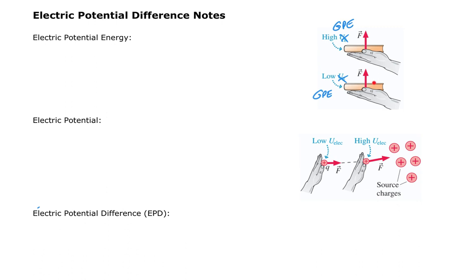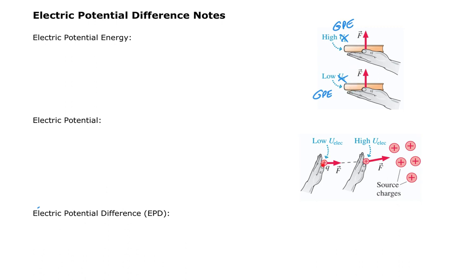Now, this is very similar to the force we're exerting up here, because the test charge does not want to be next to these positive source charges, right? We talked about this in our electrostatics unit. Two positive objects will repel each other. So in order to get this positive test charge very close to these positive source charges, we have to apply a force. We have to do work over a distance to move it over, much like we had to do work over here to move this mass from an area of low GPE to high GPE.